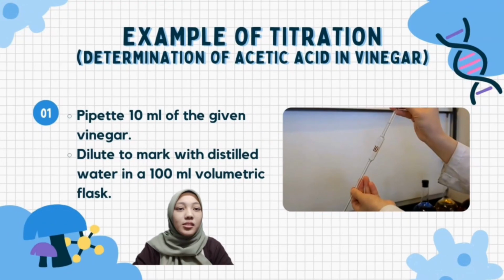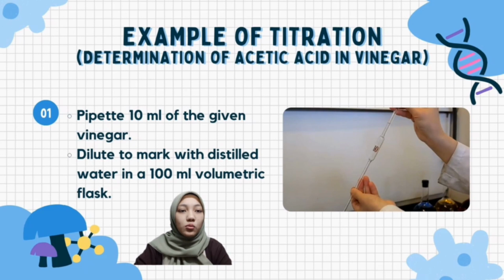I will continue this presentation with my part. So, for my part, I will explain what is an example of the titration. The example that we used is determination of acetic acid in vinegar. For the first procedure, we need to pipette 10 ml of the given vinegar.